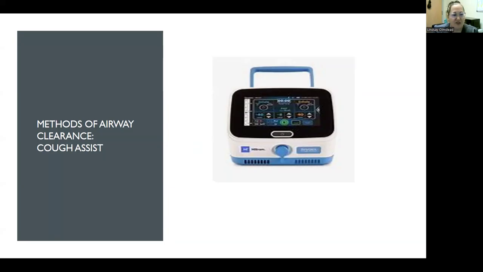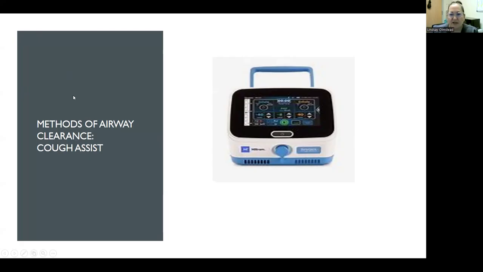The cough assist machine can be used after any of the other devices that I'm talking about. But any of the other devices really shouldn't be used together because they're all doing the same thing. So again, the cough assist is beneficial to use after the other airway clearance therapies to help facilitate that cough once you've broken things up and moved things along, if that makes sense.